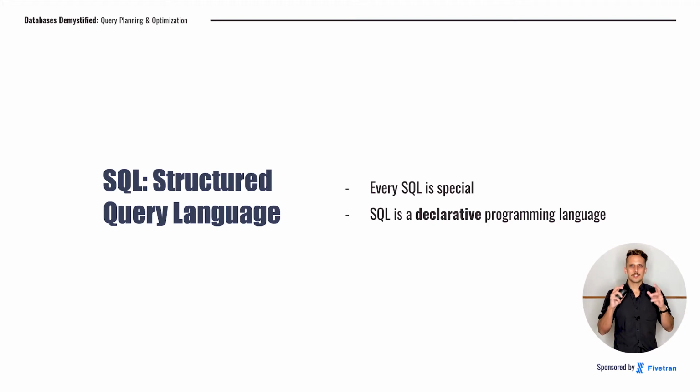The SQL syntax is generally pretty similar across these databases, but it's important to know that you can't just easily migrate your SQL from one database to another and expect it to work perfectly. Two, SQL is a declarative language, which means that you describe the output that you want to see rather than giving the computer direct instructions for how to generate that output. We'll talk about this in more detail in a second.